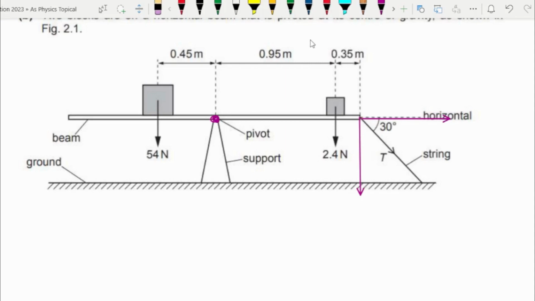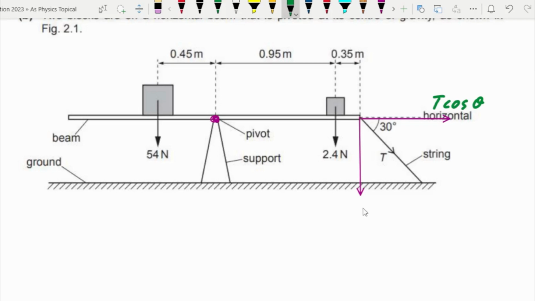These are the two components of the force T. We call the horizontal component T cos theta. The component that is directly adjacent to the angle we represent with cos theta, so the horizontal component of the force T is T times cos theta.